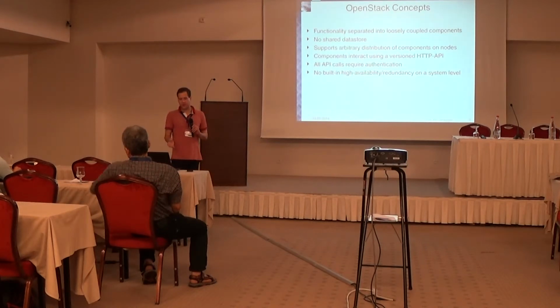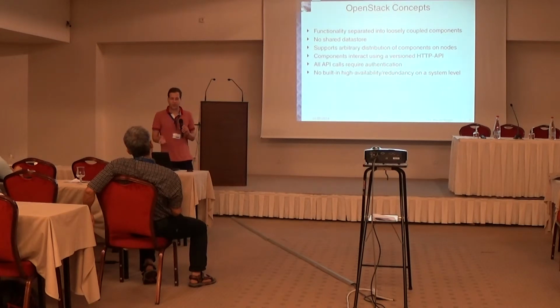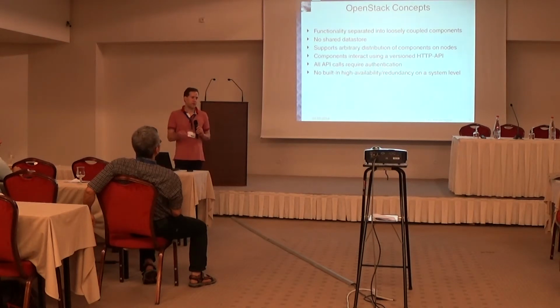One very important factor when you consider using the system is that there is no built-in high availability or redundancy mechanism. For the system itself? For the system itself, right, and also for the resources that have been provisioned by the system. Although you can define high availability policies? You can define policies, but that requires the underlying providers.